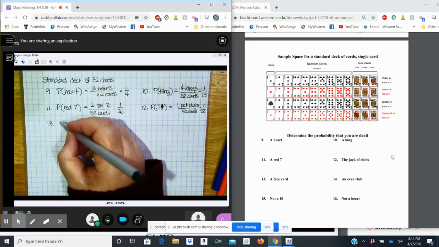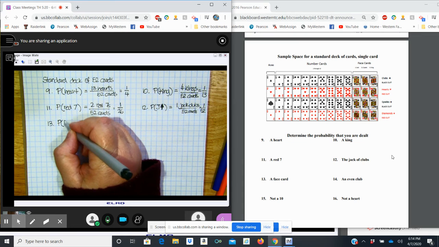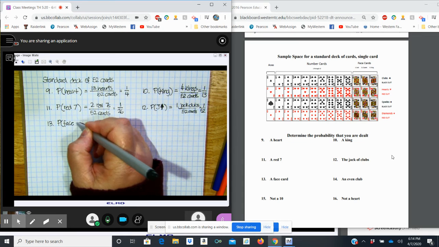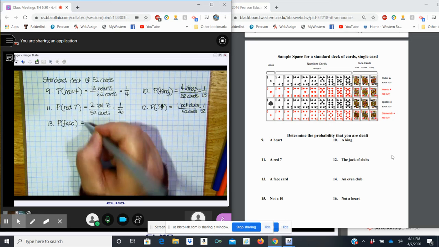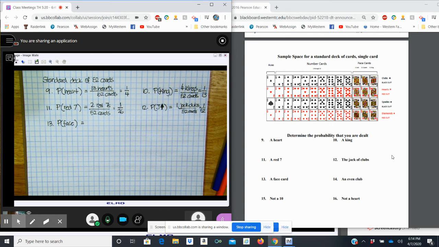Number 13 says, what's the probability that you get a face card? That's a card with a face.